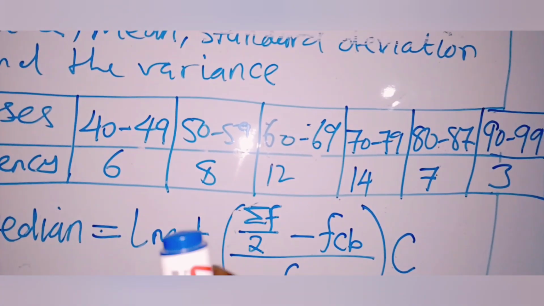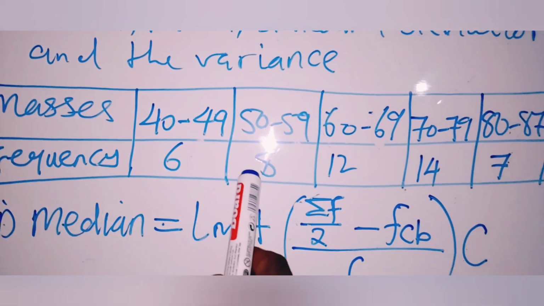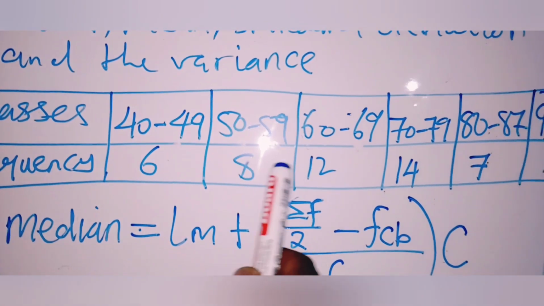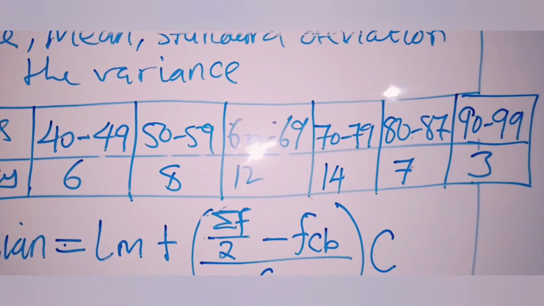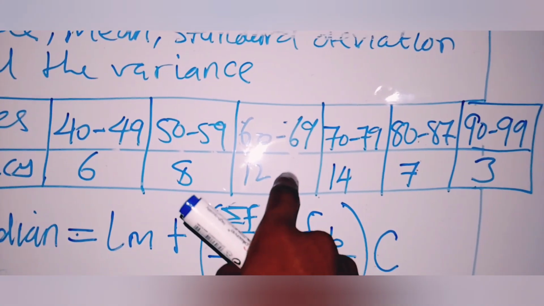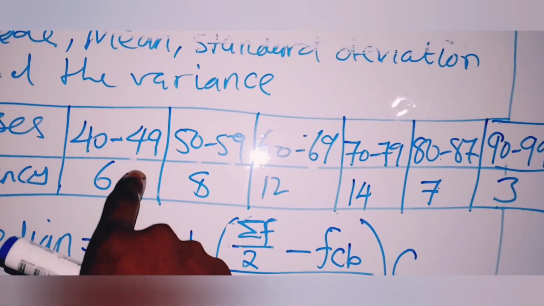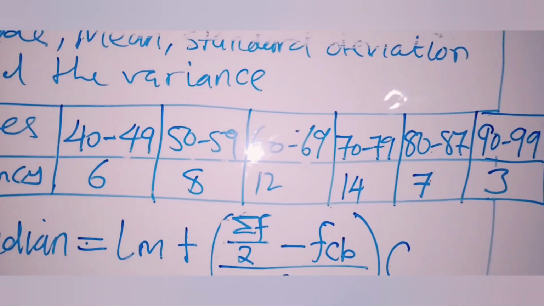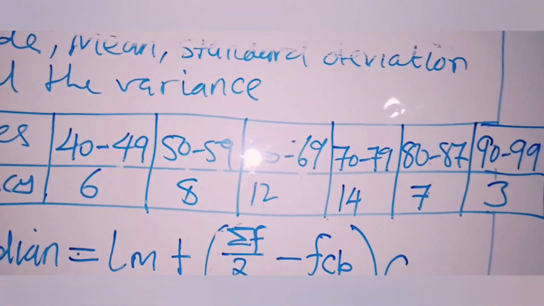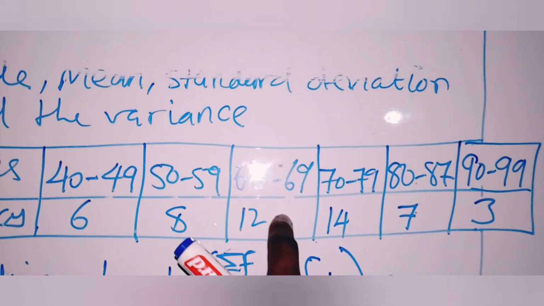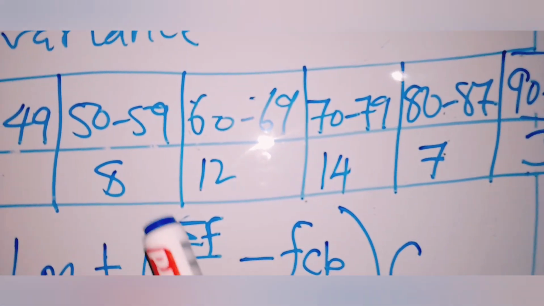So let's see. 6 plus 8 plus 12 gives us 26, and it is slightly above 25. So 25 is within, because 6 and 8 end at 14, plus 12 gives us 26. So it is within 12.